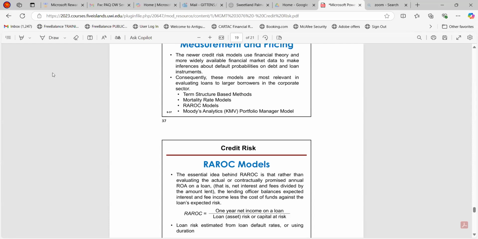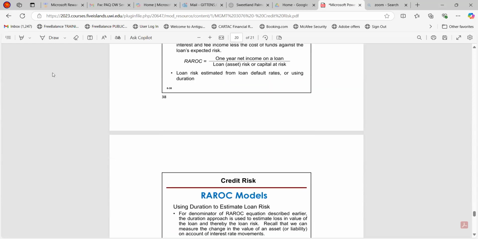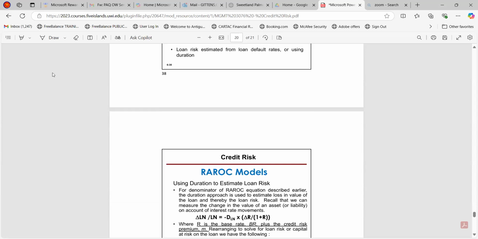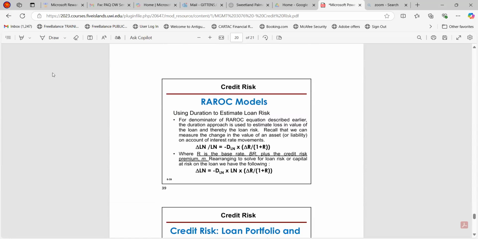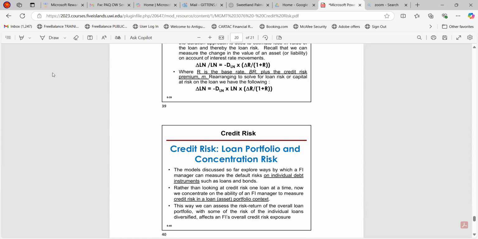Remember, we spoke about that concept of duration and interest rate risk. We'll go into more detail in discussing these models, so I'm not going to spend a lot of time on these. Then we will focus on loan portfolio and concentration risk.